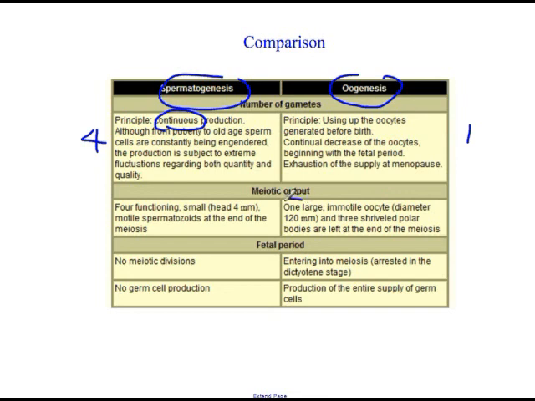So one and four, right? The other thing is that this goes on a monthly cycle here, and this goes on all the time, every single day, right? And that concludes my introduction to spermatogenesis and oogenesis, and those are the processes of gametogenesis.